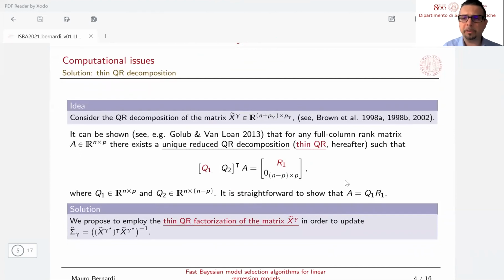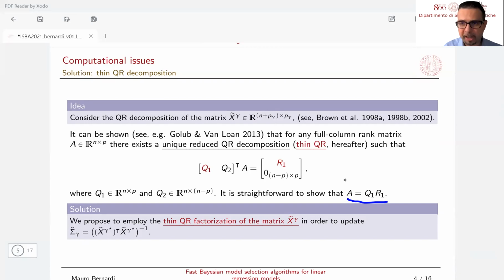Brown and his co-authors suggest using the QR decomposition of the augmented design matrix x tilde gamma. We instead rely on a different version of the QR decomposition, which is named thin QR decomposition, and which provides a unique reduced QR decomposition of any full column rank matrix A in such a way that A can be obtained as a product of Q1 and R1.